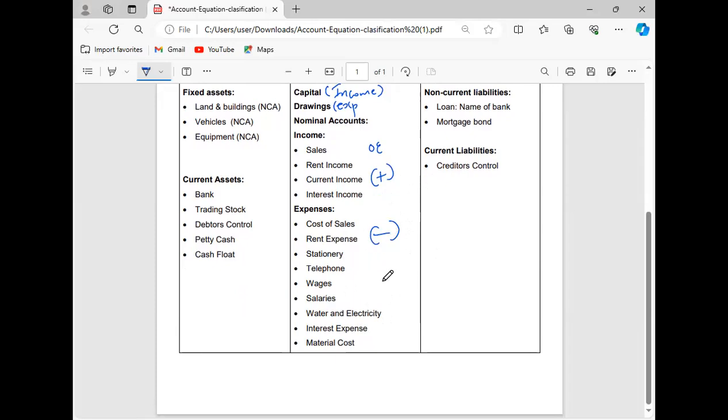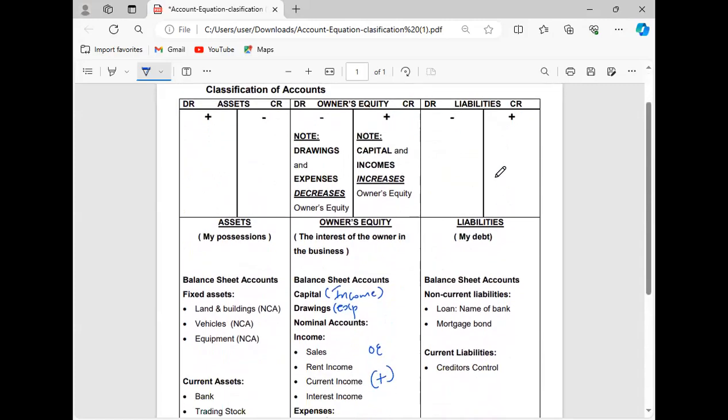We are going to take out money to pay for goods and services, or to pay wages or salaries. So they will be referred to as expenses, and they need to be illustrated by a negative sign under our owner's equity.